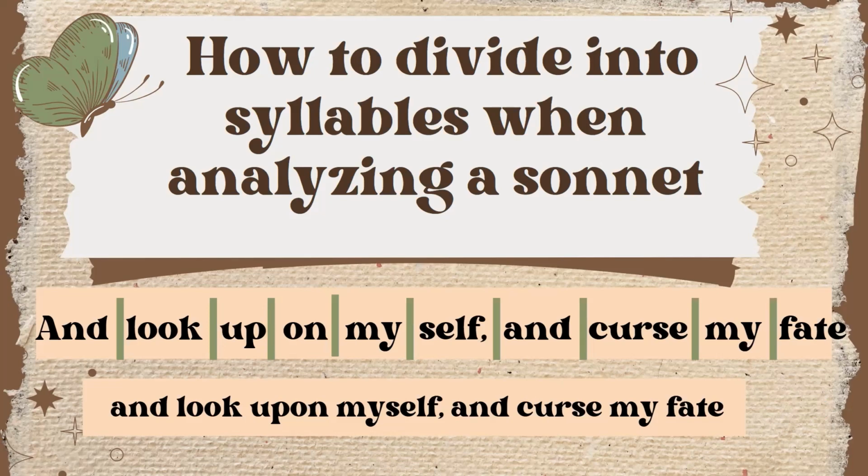So "curse" is just one syllable. Then the word "my" is just one syllable, and "fate" has the same pronunciation pattern as "curse." That is, even though it has two vowels in the word, it is just one syllable.